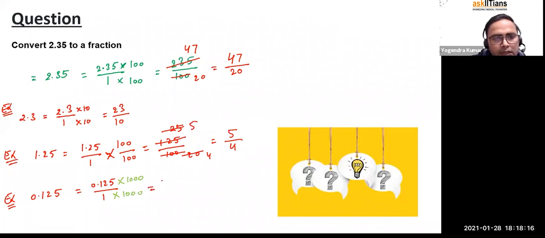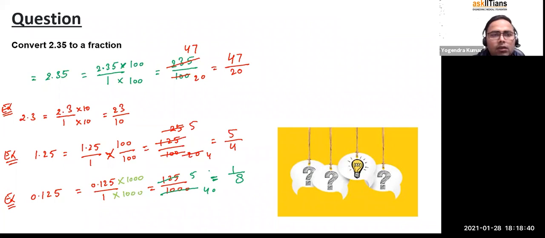So what will be written here? 125 divided by 1000. Now it can go by 5, right? Or if you know 125 is 25 times 5, and then 25 eights are 200, and again we can simplify there, 1 by 8. This is the answer we got, 1 by 8, right?